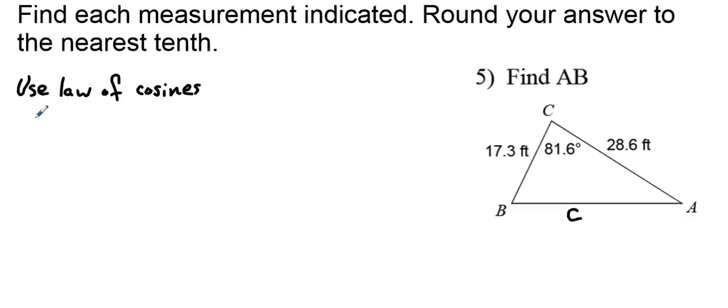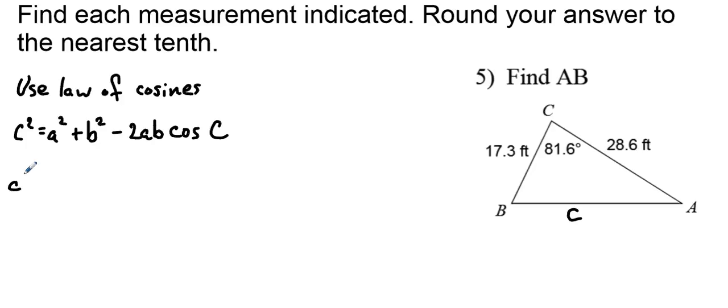Therefore, we're going to use this version of the law of cosines. C squared equals A squared plus B squared minus 2AB cosine C. And we're just going to plug in.